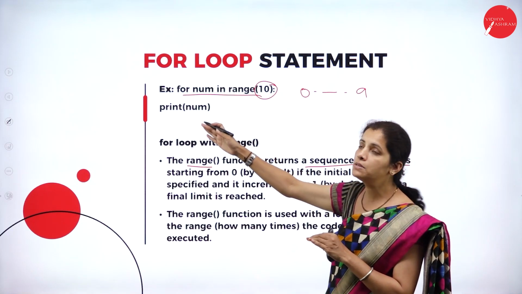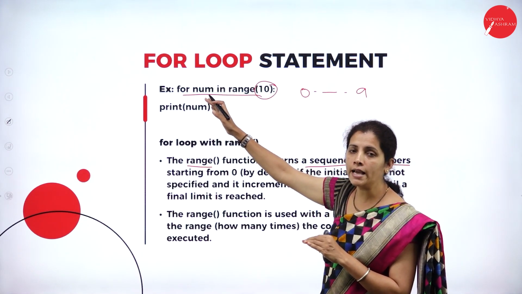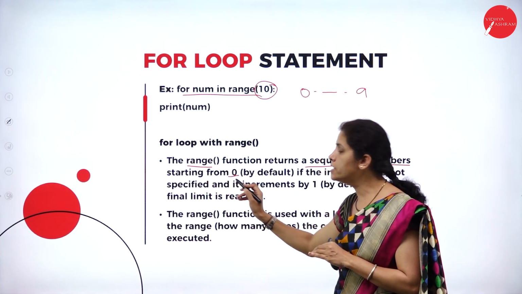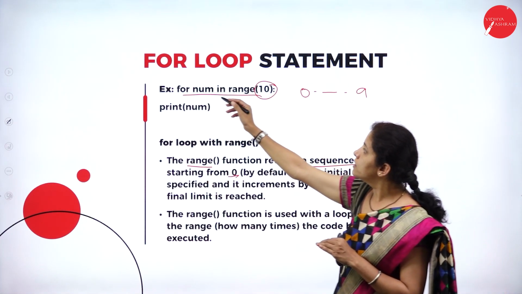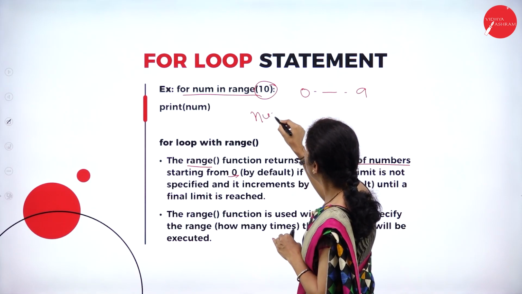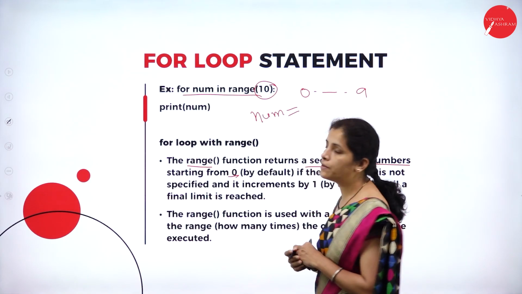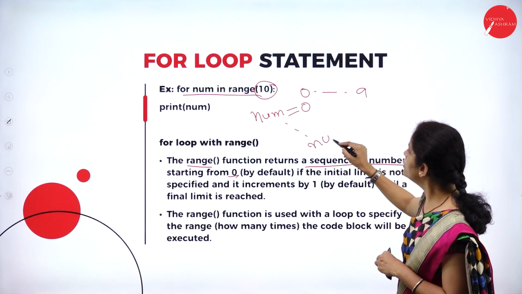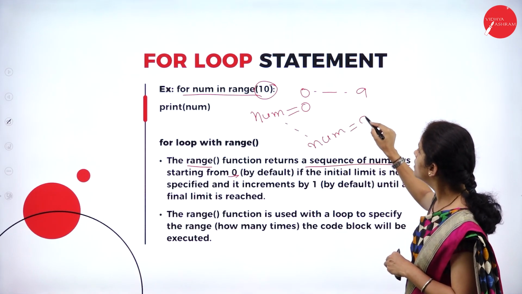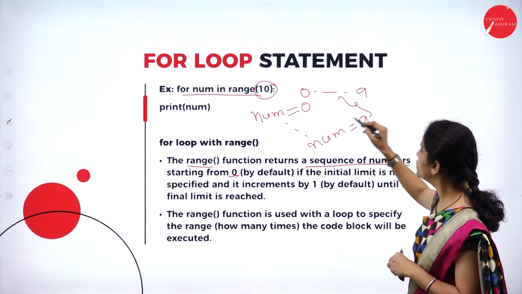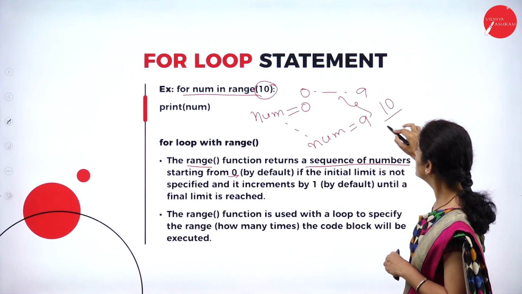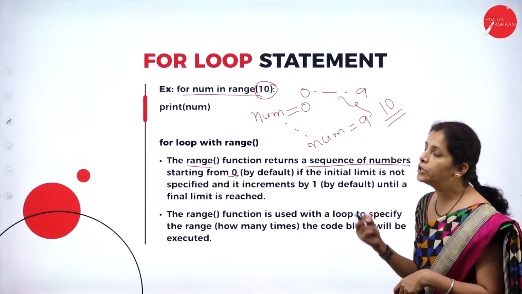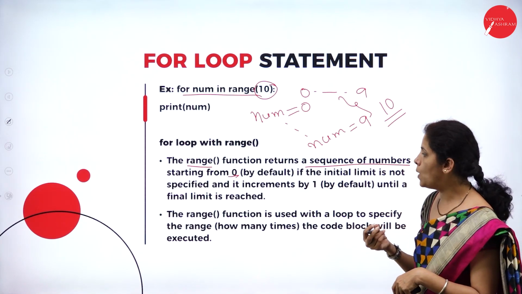And how many times is this for loop going to execute? 10 times. So initially number is going to start from 0, and it's going to repeat 10 times. So 0 to 9, it is 10. And each time the number is incremented by 1.